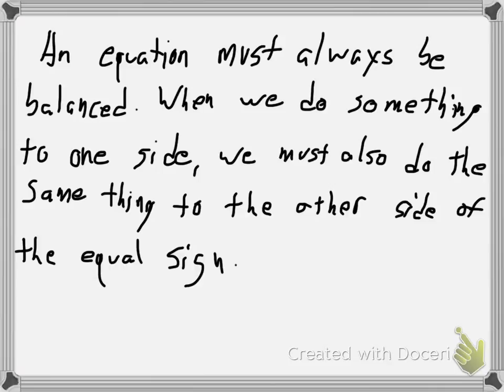Okay, so if we are solving an equation, if I'm adding on this side, I'm going to need to add over on that side. If I subtract on the left side, I need to subtract on the right side. The whole point is keeping everything balanced. Anything we do to one side, we have to make sure we are doing to our other side. Okay?